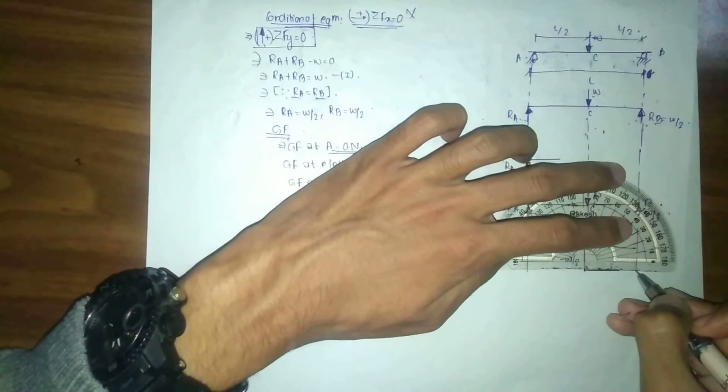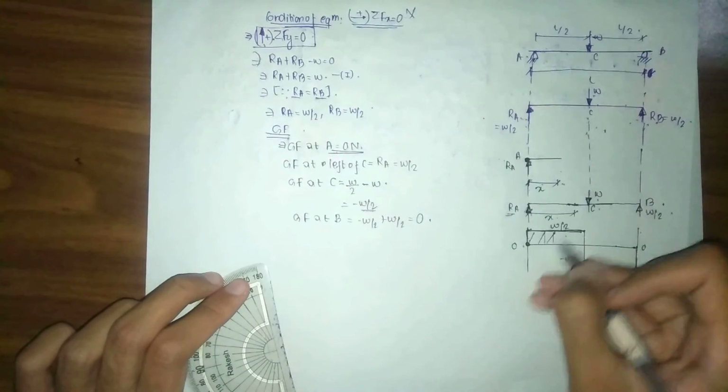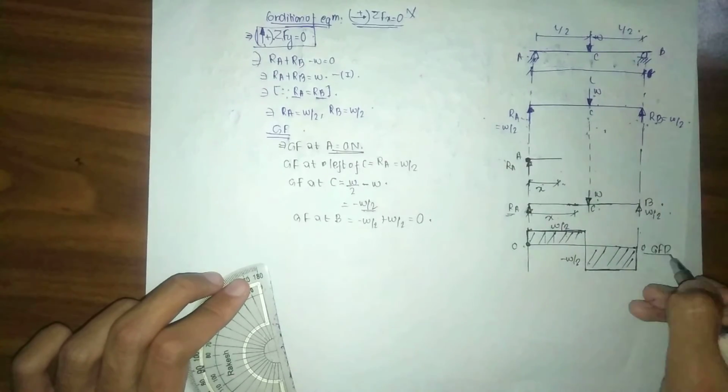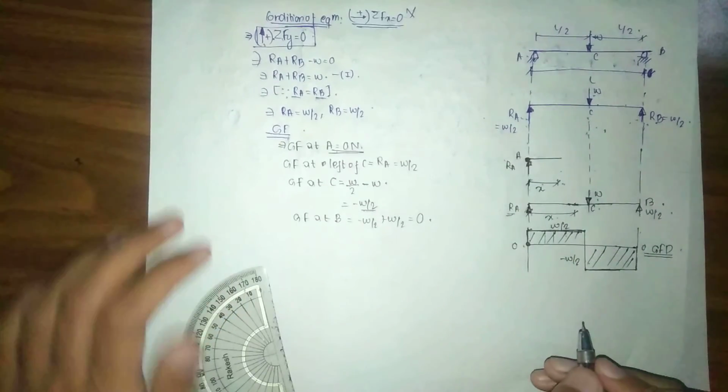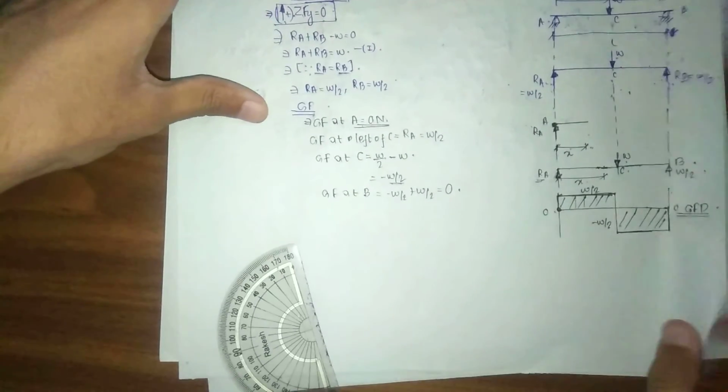When you move to point B, it ends at 0. This is our shear force diagram. We'll understand it more in our further tutorials where we'll involve numerical examples, so do check all those videos as well.